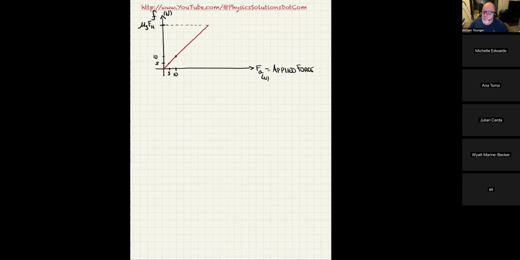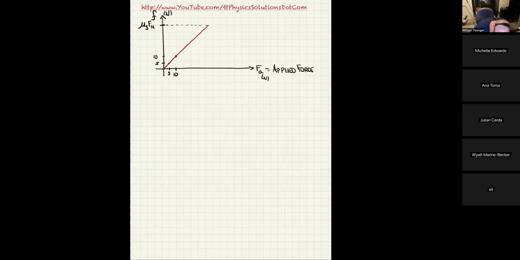So if you push with a force less than mu static times the normal force, and I'll tell you what those mu statics are, there's a table for them in your book. But if you push with a force less than that, then the object doesn't move, period. No ifs, ands, or buts about it. If you push with that force, then the object is just free to move. And if you continue pushing it, it will break loose of that friction force.